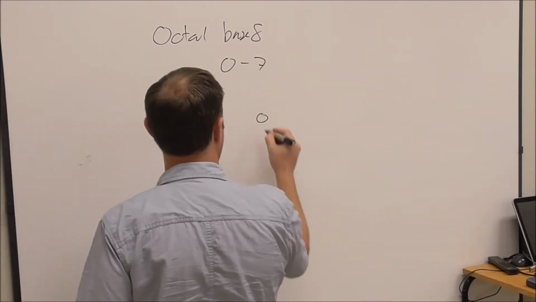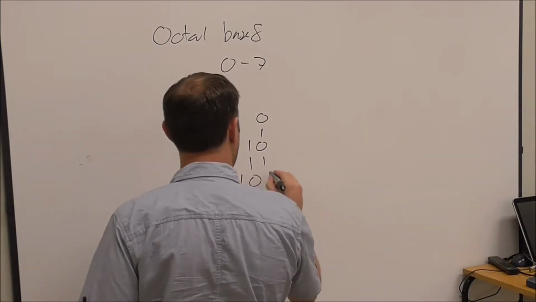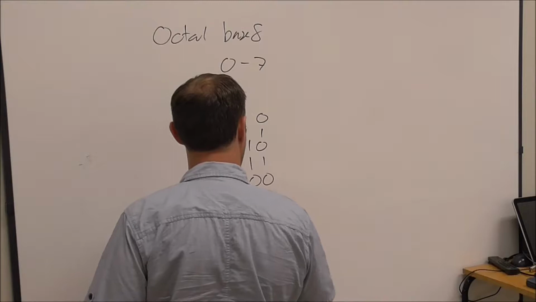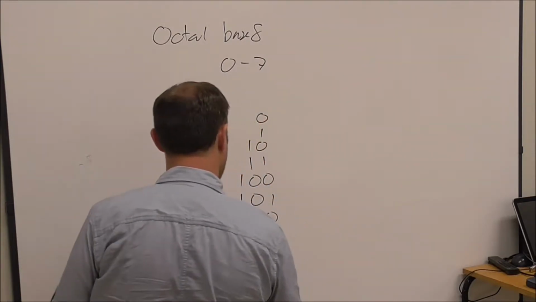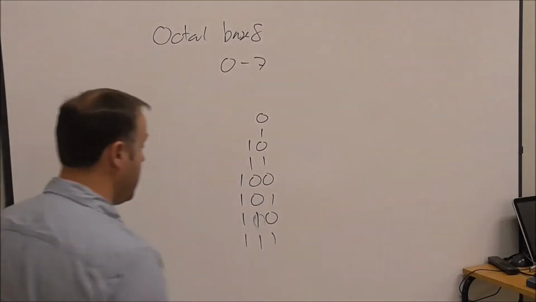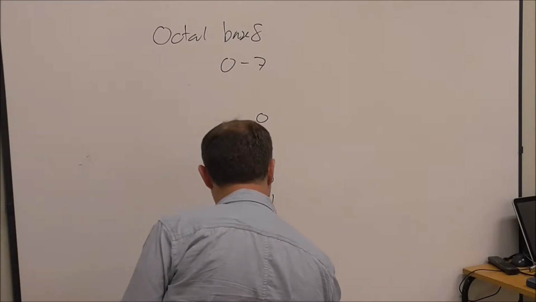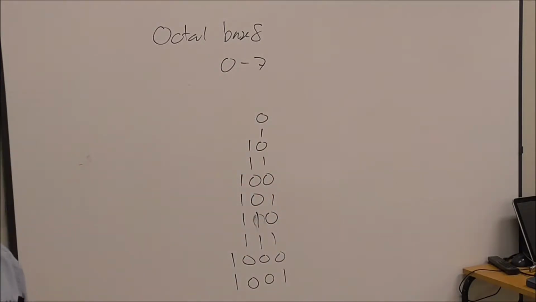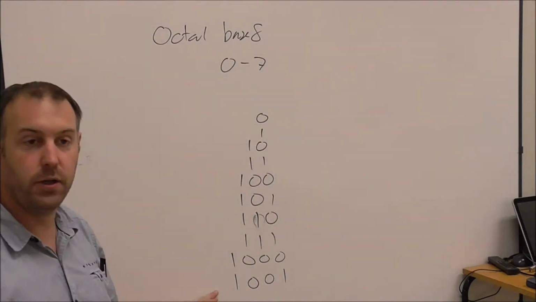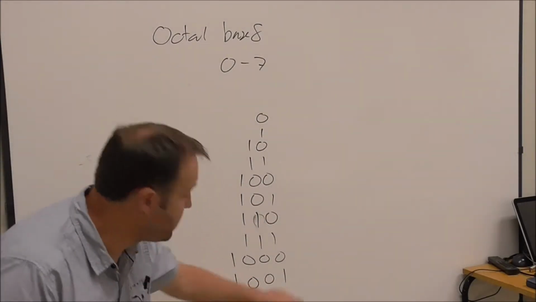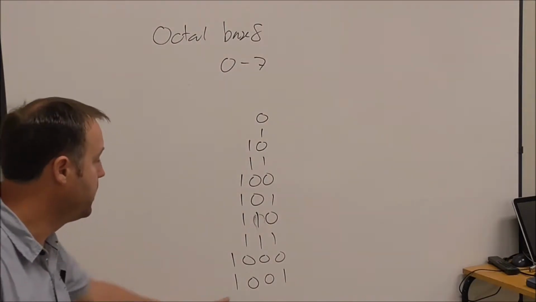So in decimal, if I went from 0 through to 9, I need 4 bits to represent those numbers. Okay, so remember that, we're going to use that later.